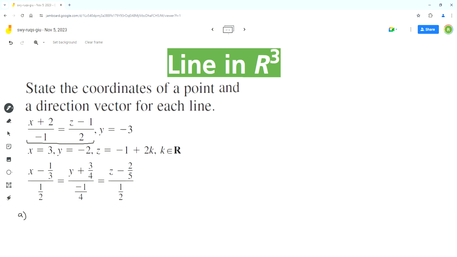The equation is... in this equation a, b and c cannot be equal to 0.